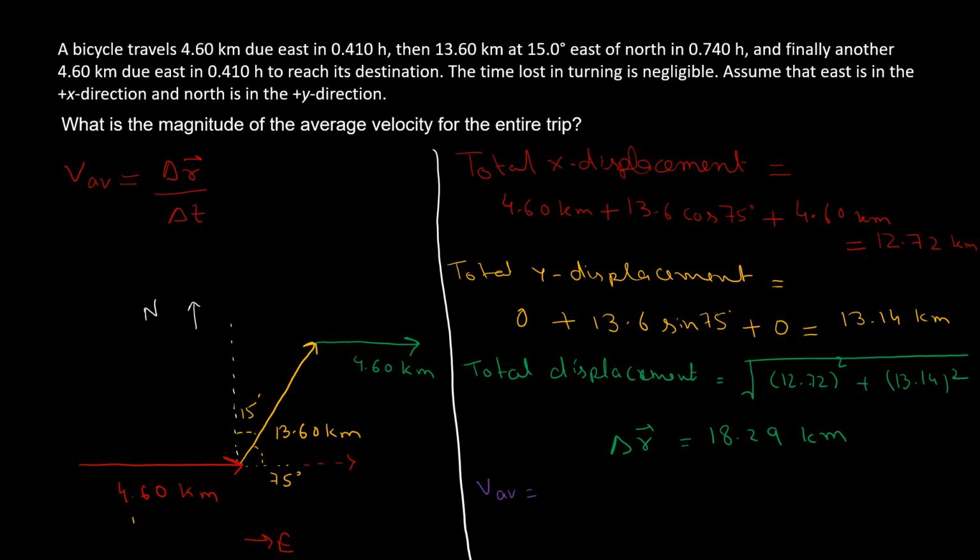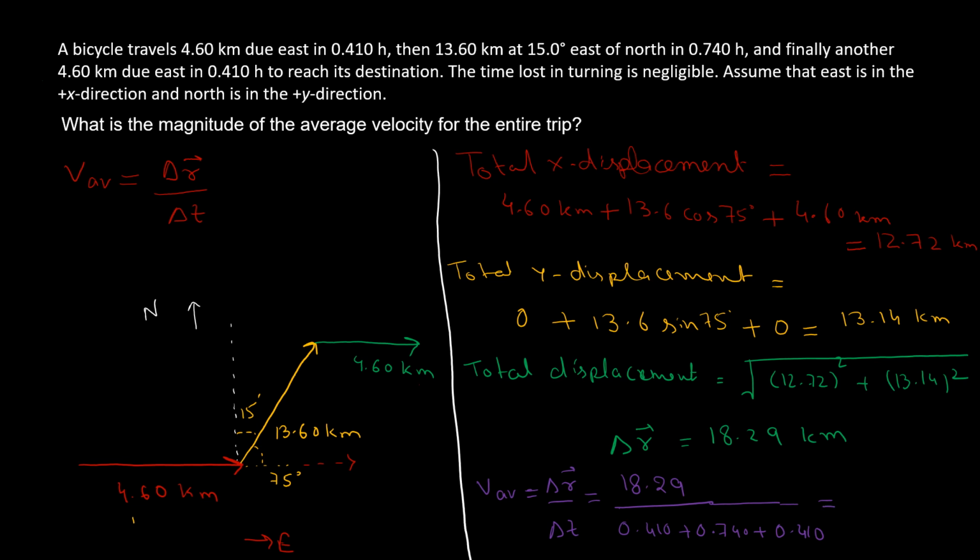Now the V average is delta R over delta T. Delta R we calculated 18.29, and the total time is first 0.410 hours, plus it took 0.740 for the second, plus again 0.410 hours.